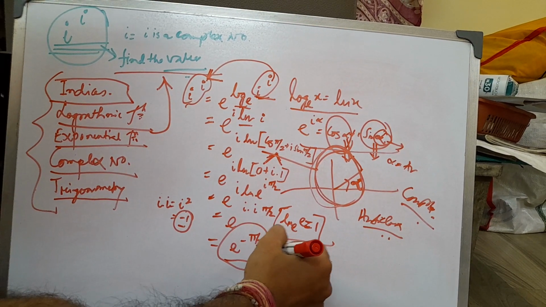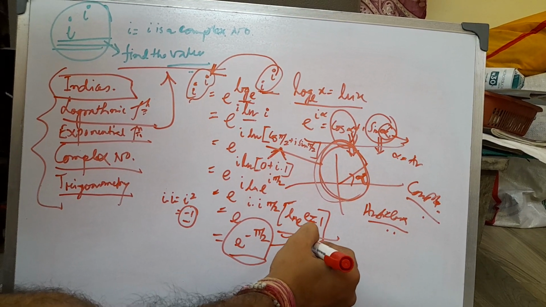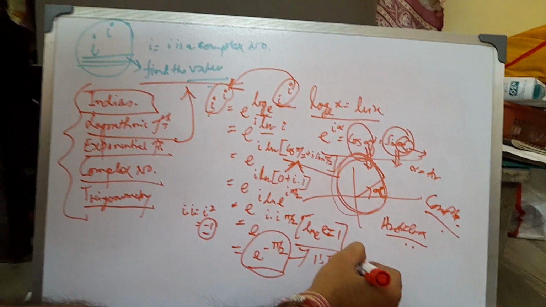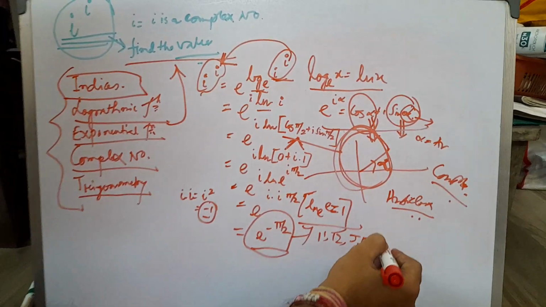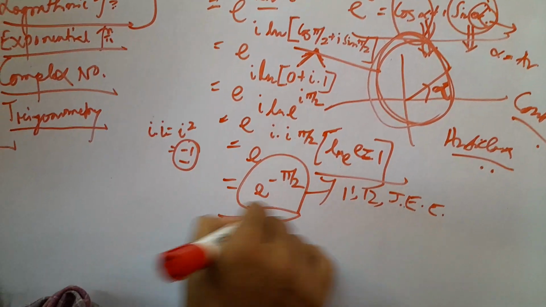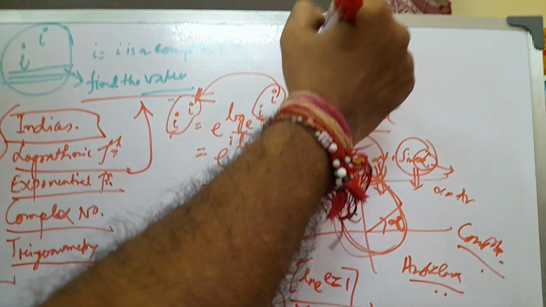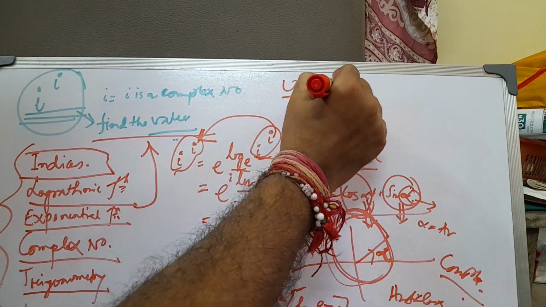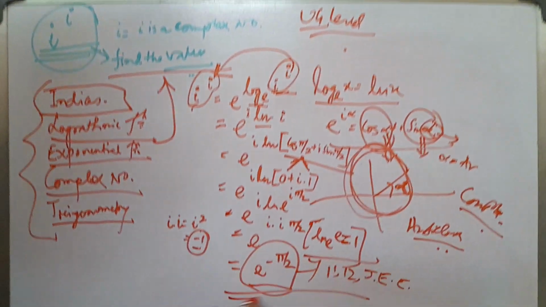At the higher secondary level, in classes 11 and 12 as well as JEE, state level JEE, Mains and Advanced, this is the correct answer. But at the undergraduate level, UG level, it is considered incomplete.